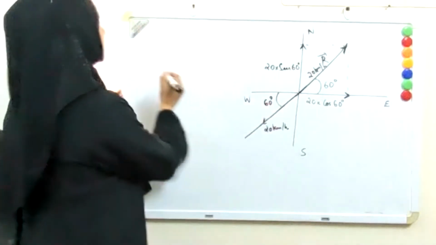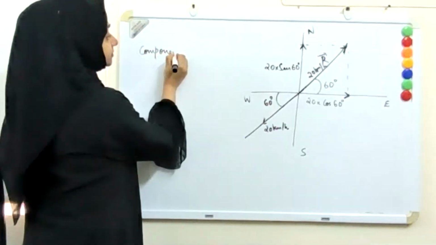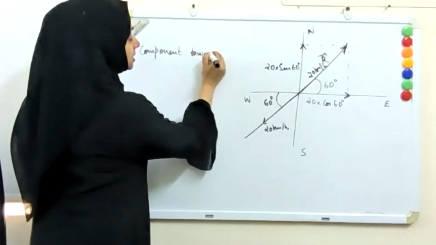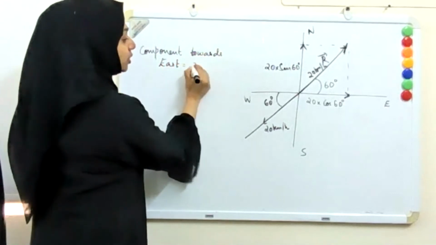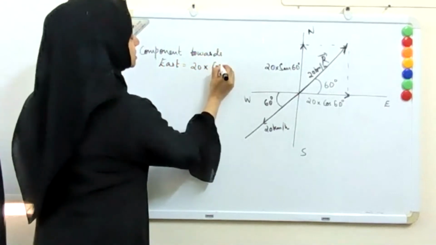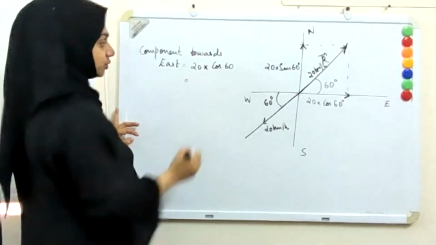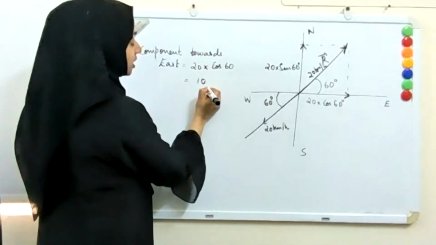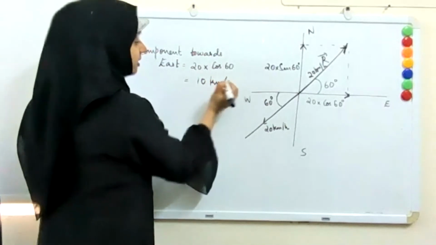So you can tell that the component towards east is equal to 20 times cos 60. What is that? Cos 60 is 1 by 2, right? 20 into half, 20 by 2, which is 10 kilometer per hour.